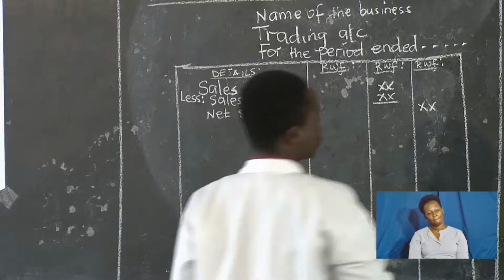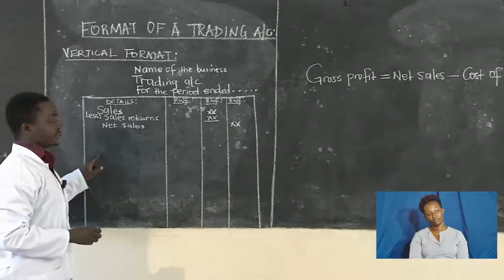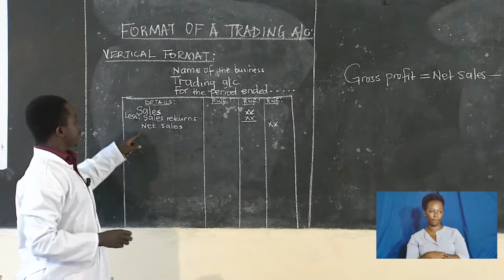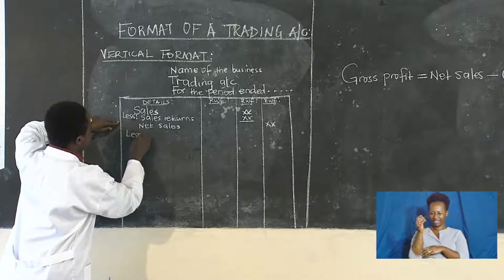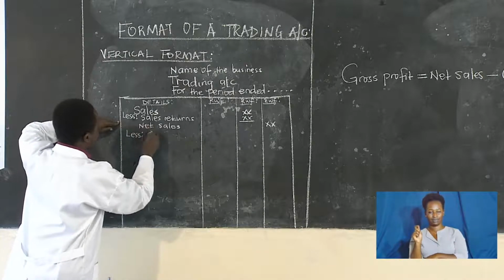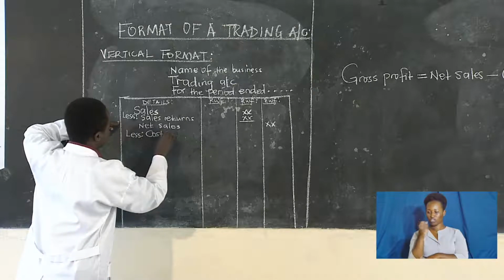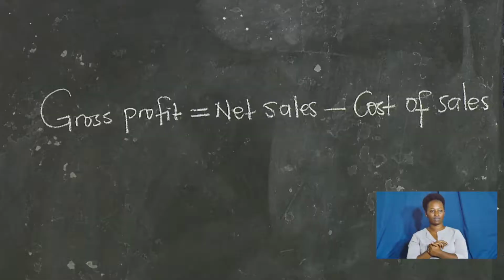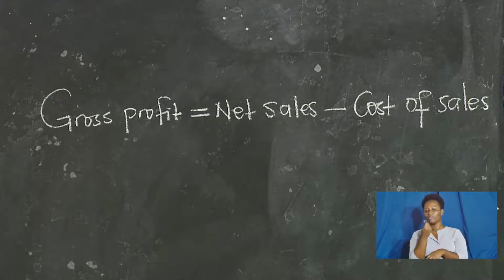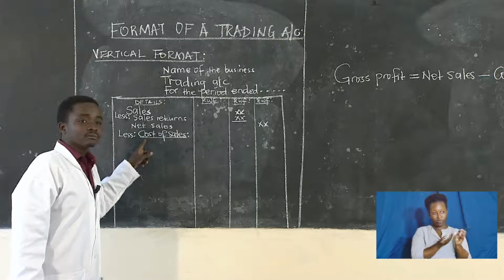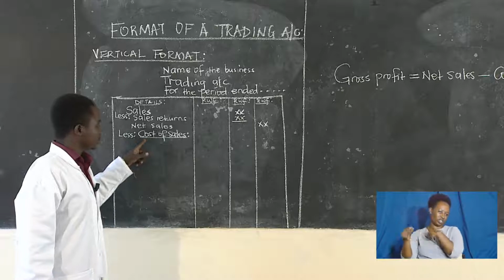And therefore here, after indicating this, you say net sales less cost of sales. What did we say that cost of sales is? We said that cost of sales is the money spent while purchasing goods for resale.